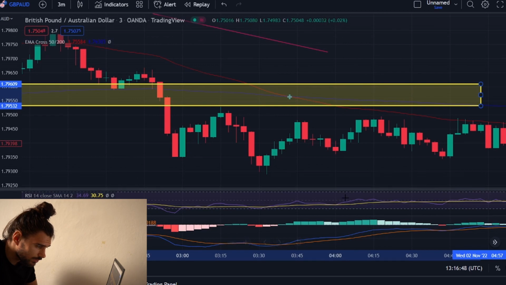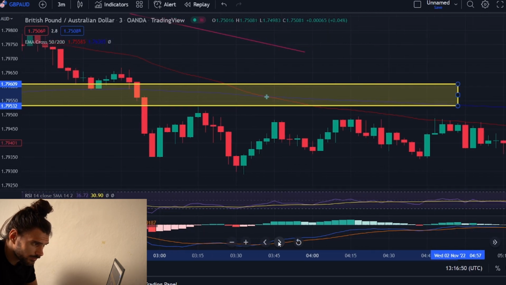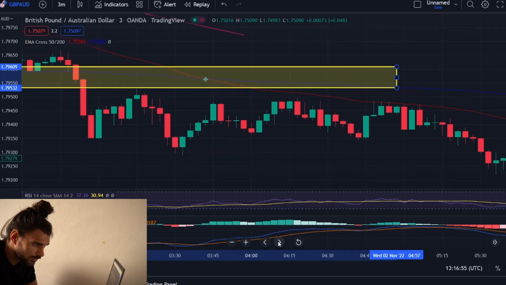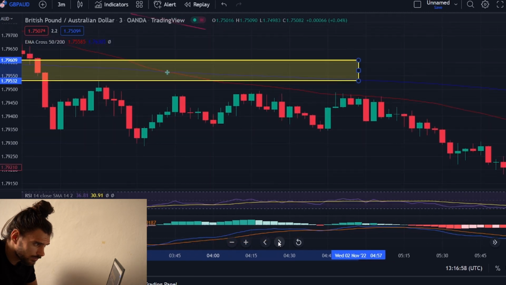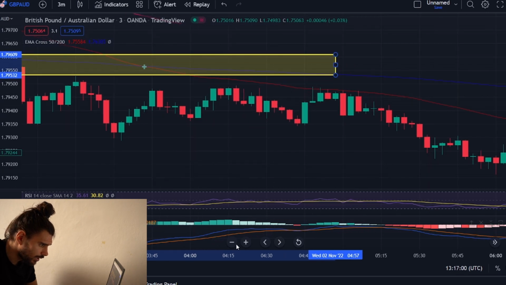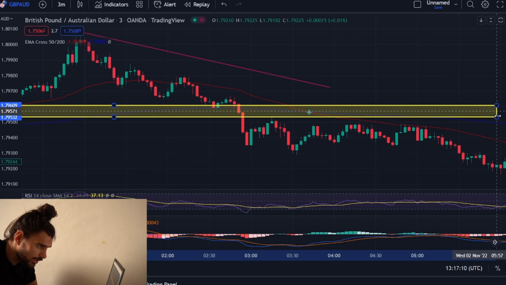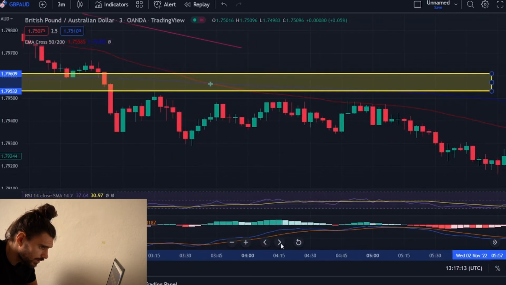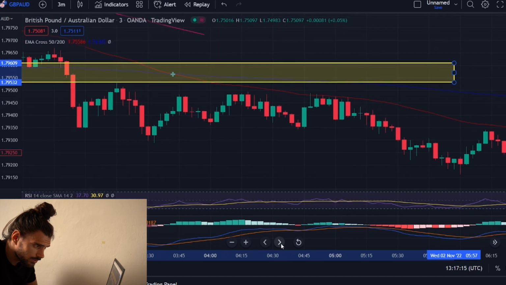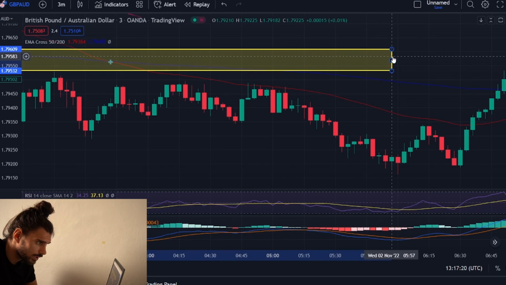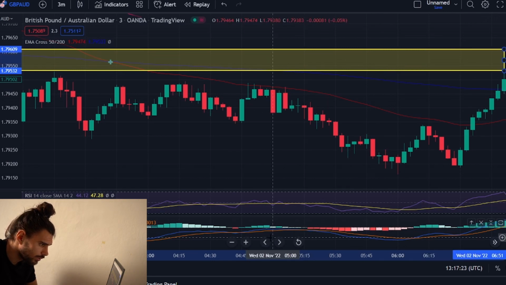So let's zoom in a bit. The market is now pushing further to the downside, which is the pattern as we saw here. So now the market should come back to the 200 EMA. Let's see if it does. Pushing to the upside. So somewhere here, the market is coming back to my area.